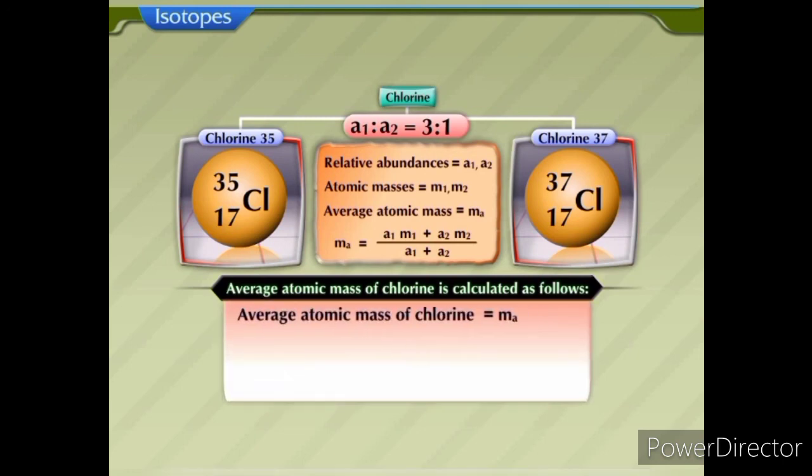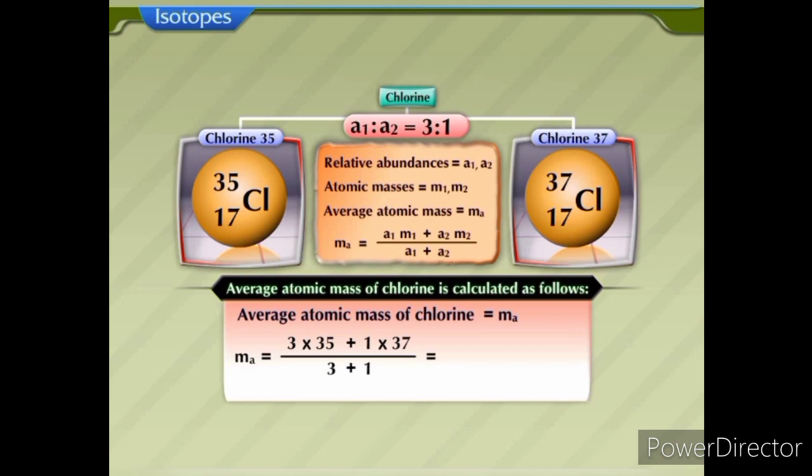The average atomic mass of chlorine, that is Ma, equals the sum of the product of 3 and 35 and the product of 1 and 37, divided by the sum of 3 and 1.